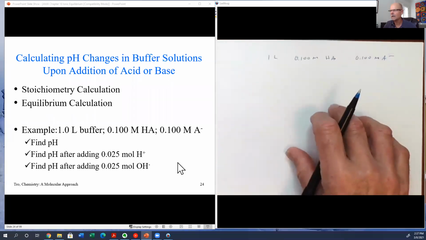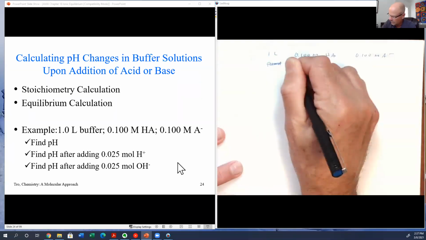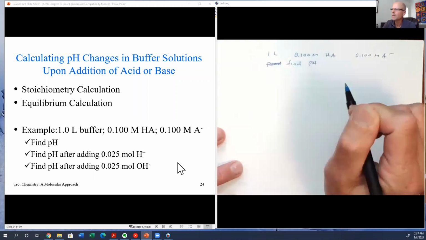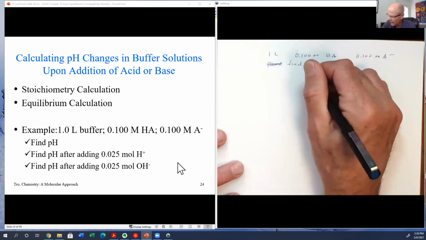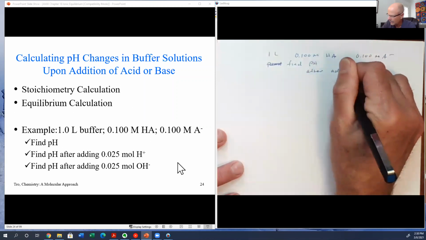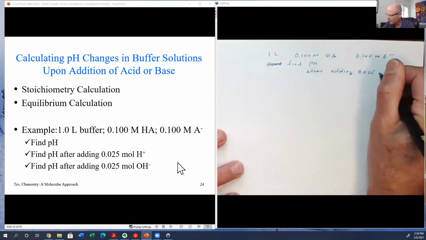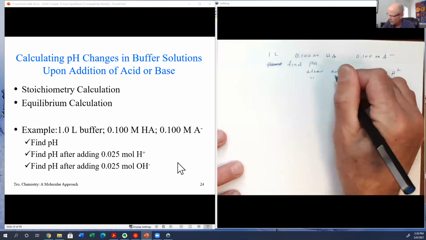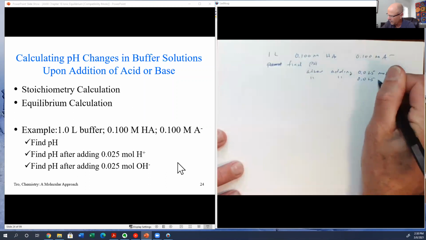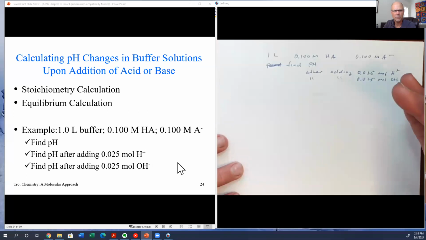And we want to find the pH initially, and then after adding 0.025 moles of H plus, and then also after adding 0.025 moles of OH minus. So we want to know how to deal with all those situations.